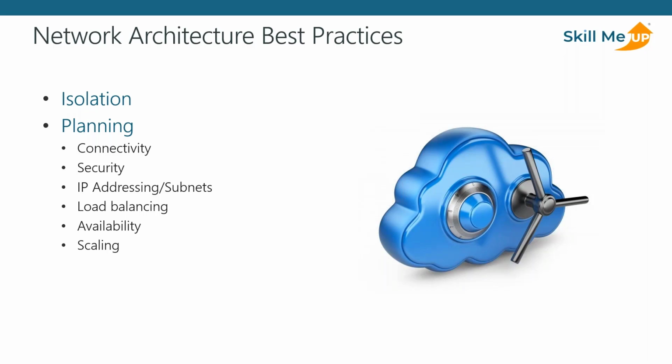The key things to consider and keep into play here is what we're doing to isolate mission critical and confidential services from publicly accessed services and things like that. And what's really important is the planning of that.